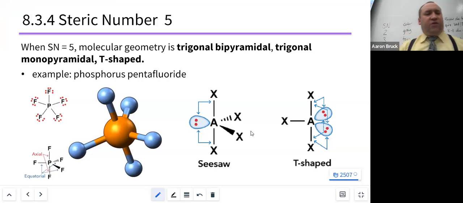We also get the introduction of what are called axial and equatorial positions. Now, let's talk about those briefly here. What do we mean by each?